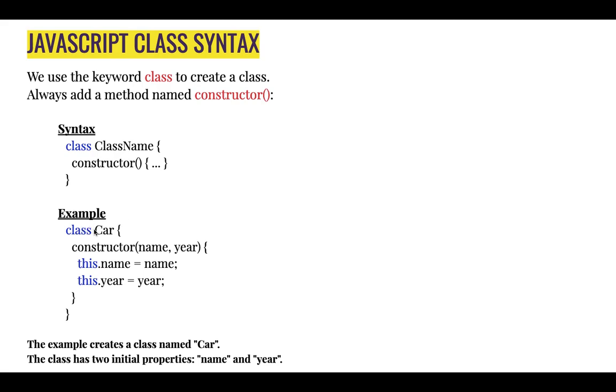This is an example of a class, and we called the class car. This car has a constructor that takes two parameters. The first is name and the second is year. So this class has two initial properties, which is the name and the year.